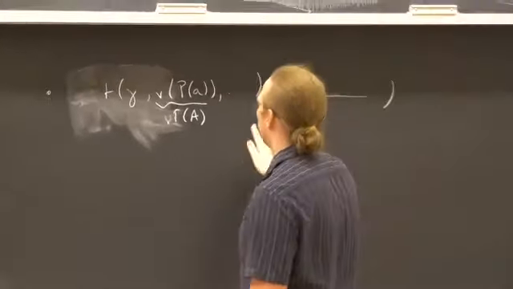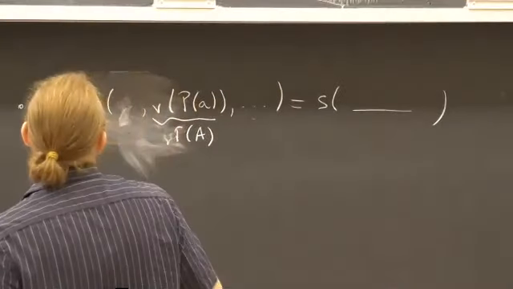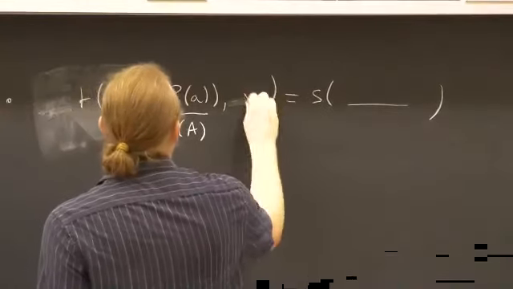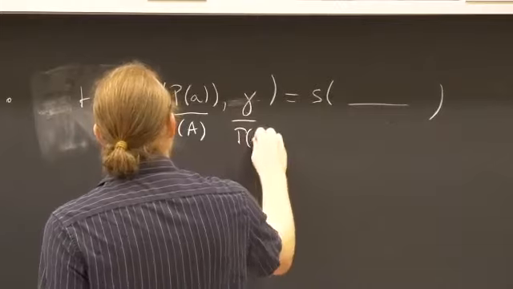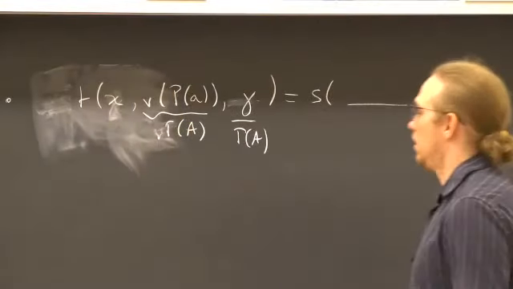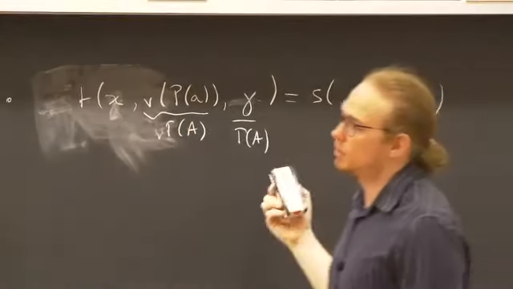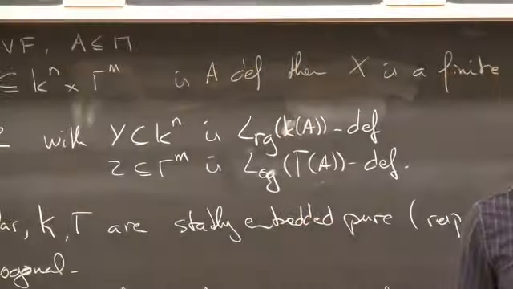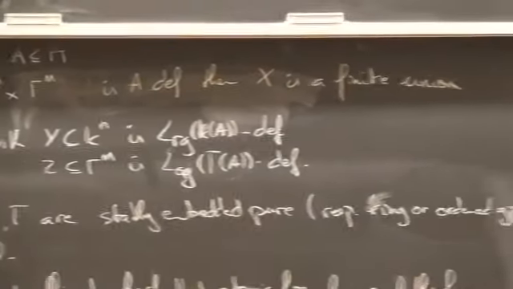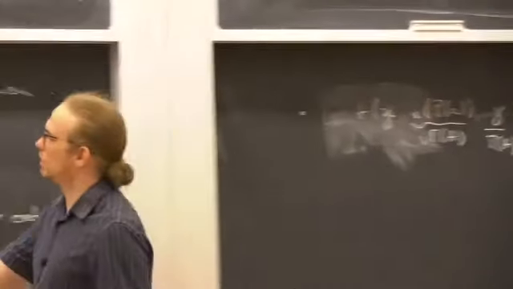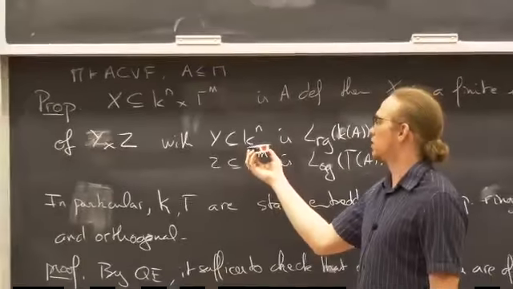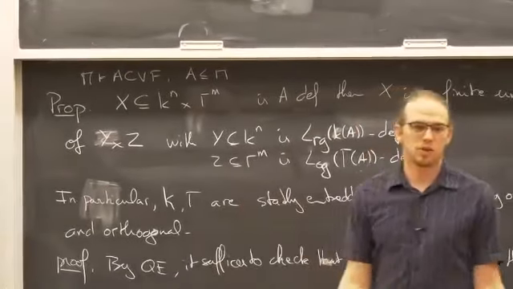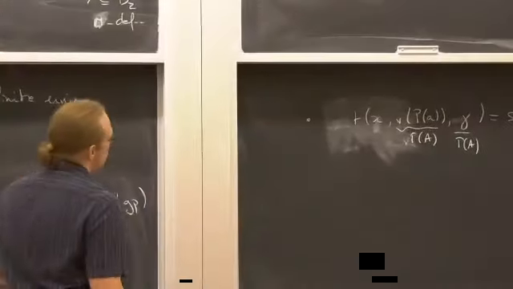This is a constant from gamma A. So you can see this is indeed an L-ordered group formula in parameters gamma A. This is the only thing that can appear. And in that case, Y is everything, because the variables in K do not appear.